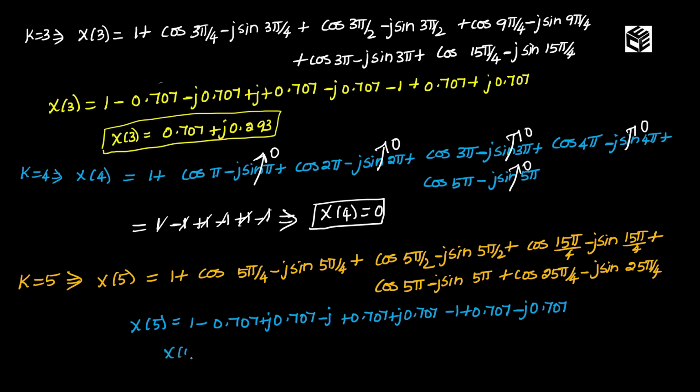So the final answer for x of 5 is equal to 0.707 minus j 0.293.